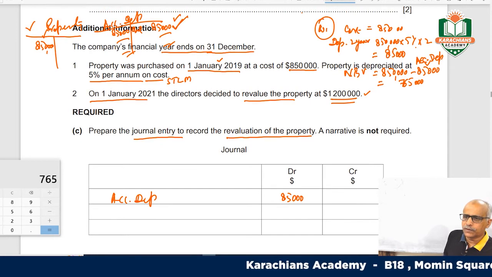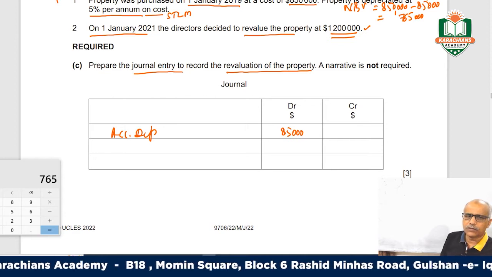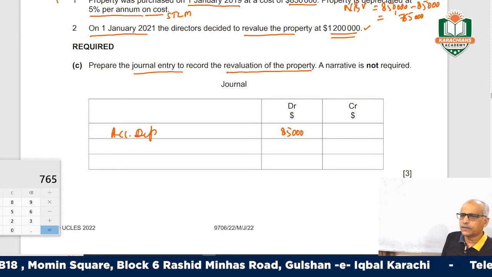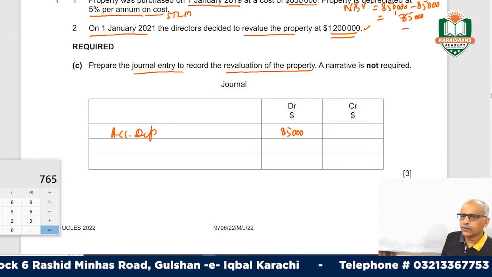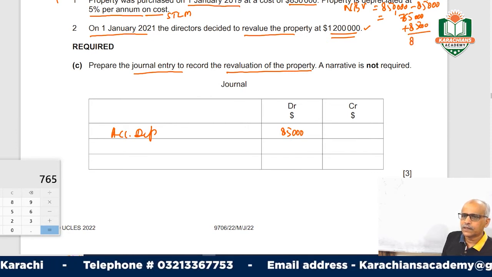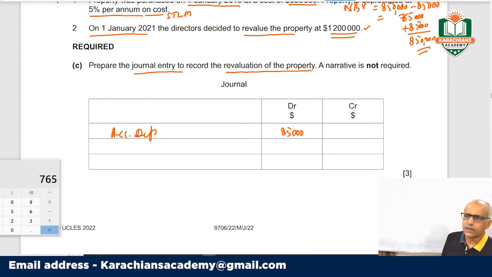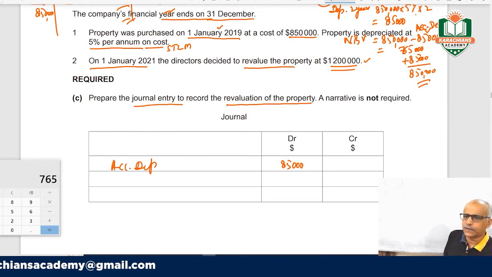So first thing, you debit accumulated depreciation. When you reverse this depreciation, the asset comes back to its original cost of 850,000.